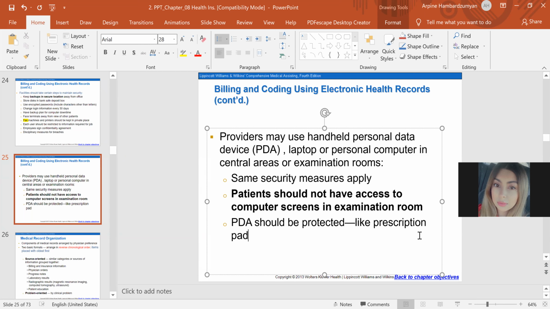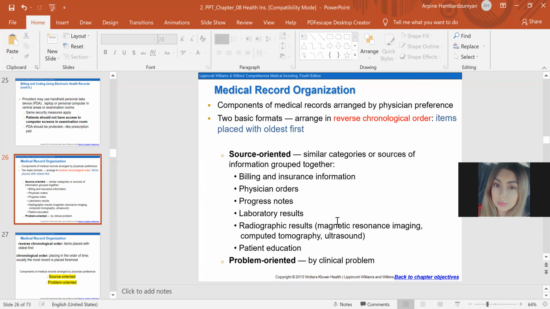And before they leave the room, you remember they close everything so you could not access it. And when the doctor comes, the doctor opens it with his or her password because the doctor has more access to your data than the medical assistant. Remember that every time you leave the room, you need to close everything so that the patient cannot come and look into the computer.